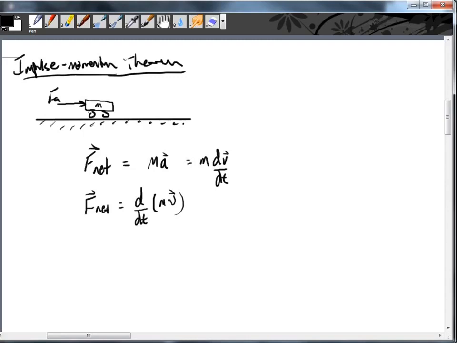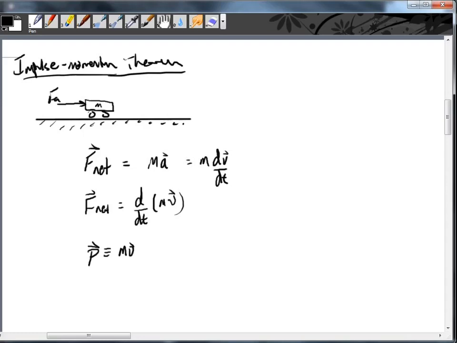Okay, so we can usually consider this mass as constant. Then yesterday we defined mv as our momentum, which is p, because m was already taken by mass. So we call it p.